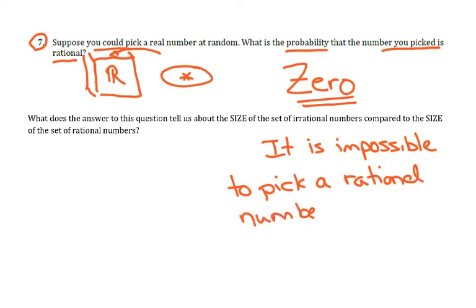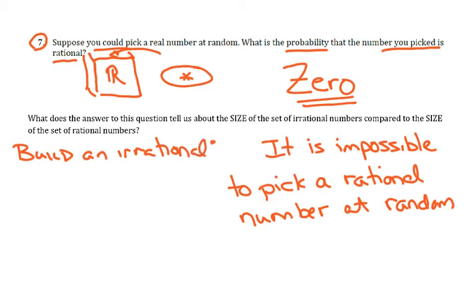Now, the way we describe this in the book is they imagine, okay, suppose you're going to build an irrational number. And what you're going to do is you're going to use a six-sided die, or actually we would want a 10-sided die.